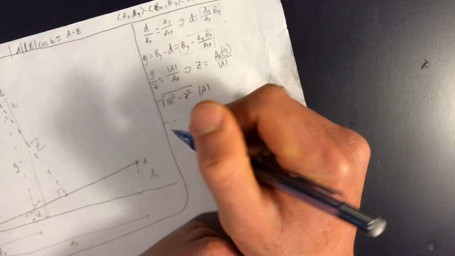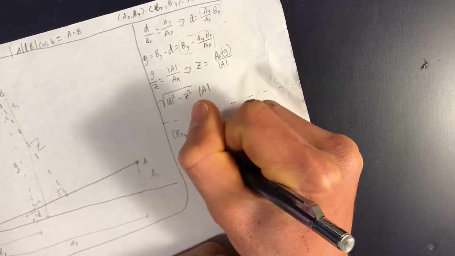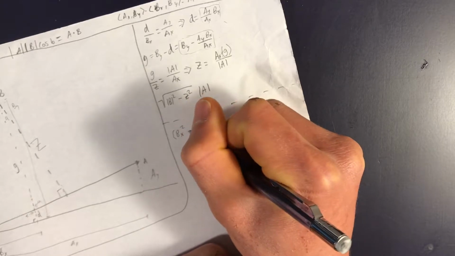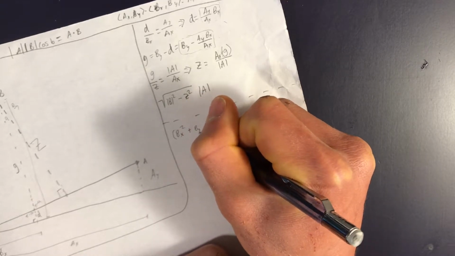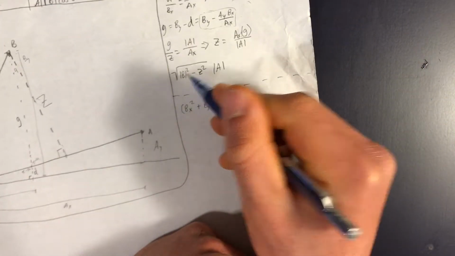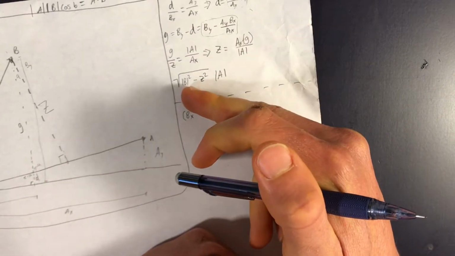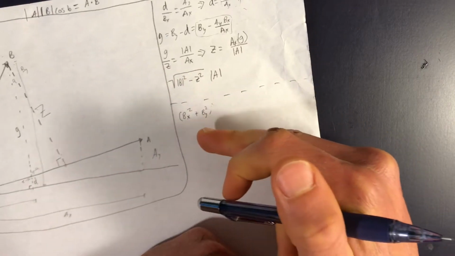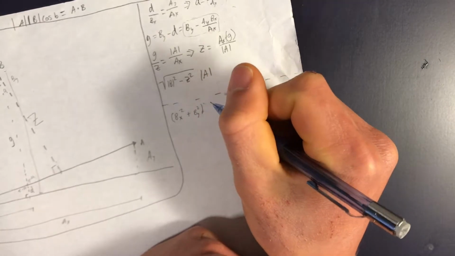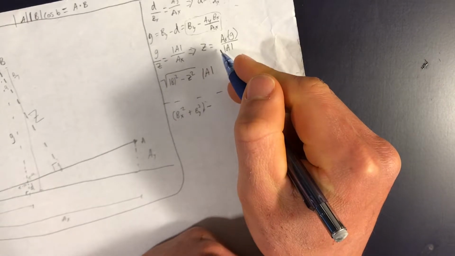So B squared, pretty much it's BX squared plus BY squared, or actually no. The absolute value of B is equal to the square root of BX squared plus BY squared. So if you square that, it's just going to be BX squared plus BY squared, in parentheses, minus Z squared.